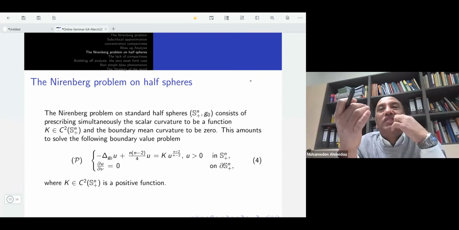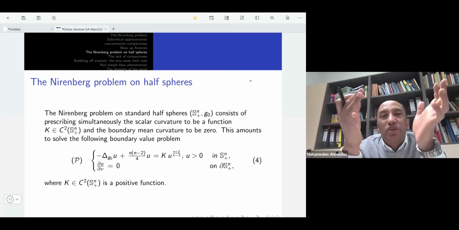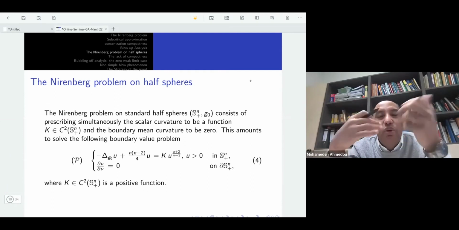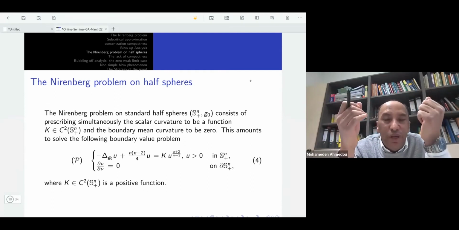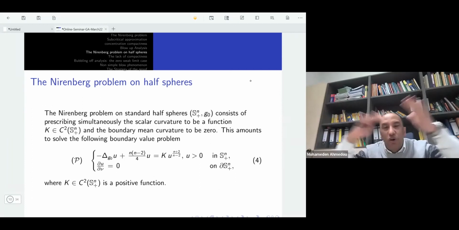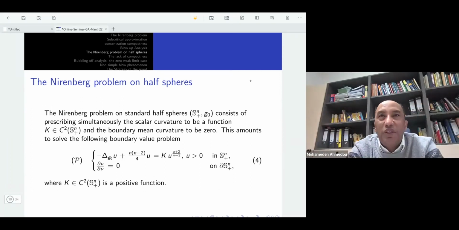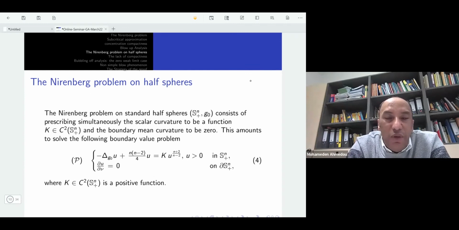But usually the spherical case is the most difficult one, because if you have some geometry, it can help you to rule out the blow-up. On the sphere there is no help coming from the geometry, and you really have to understand what happens to your blowing-up solution. So the problem is the following.